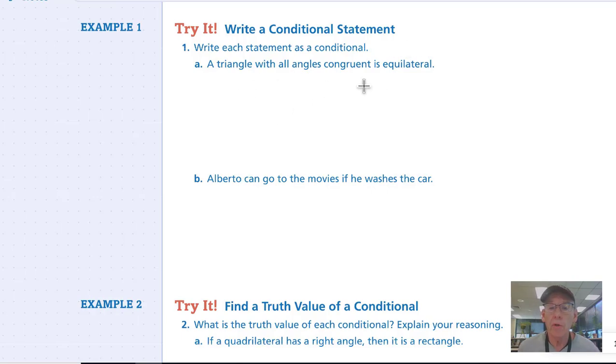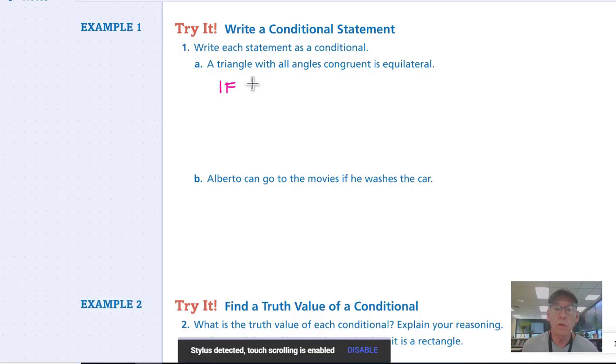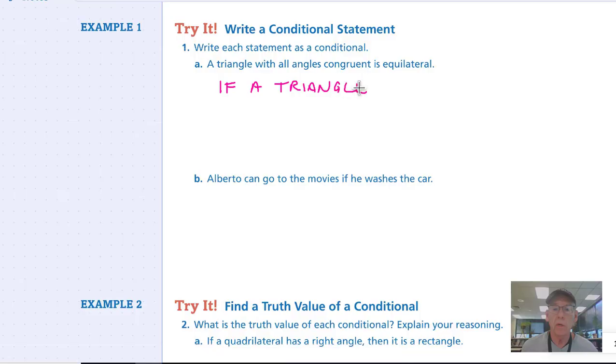So a triangle with all angles congruent is equilateral. So we could say something like, if a triangle has all angles congruent, or all congruent angles, then it is equilateral.